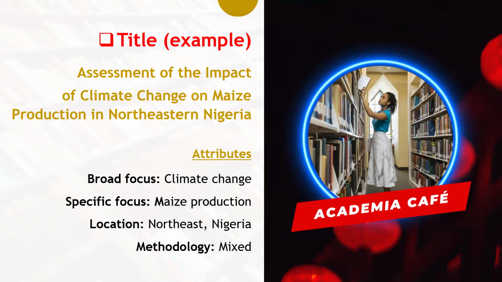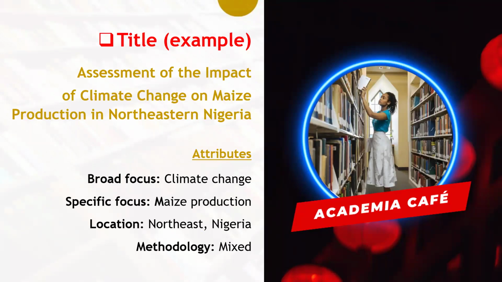The title indicates the focus of the study, which is to investigate how climate change affects maize production in a specific region of Nigeria, northeastern Nigeria. And the investigation will take into consideration both quantitative and qualitative approaches.